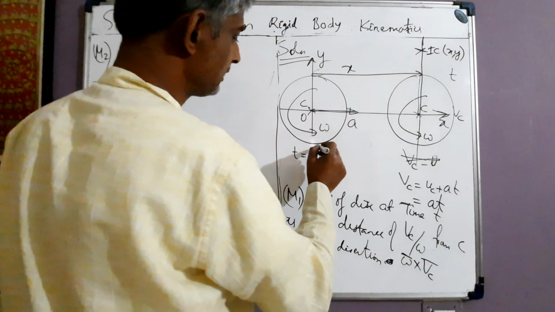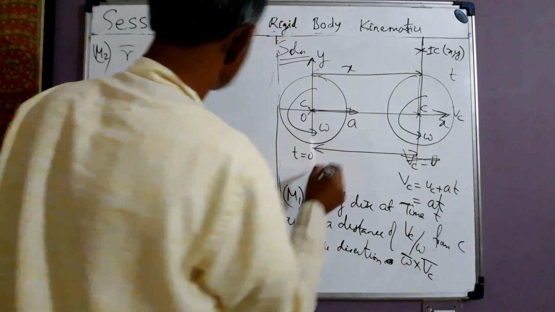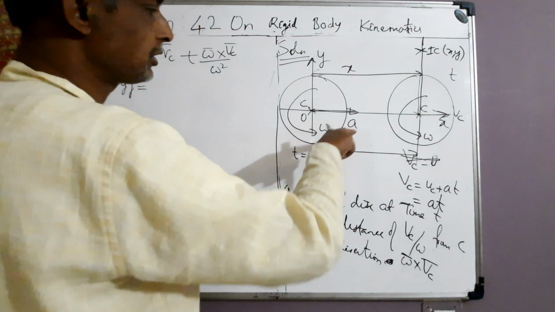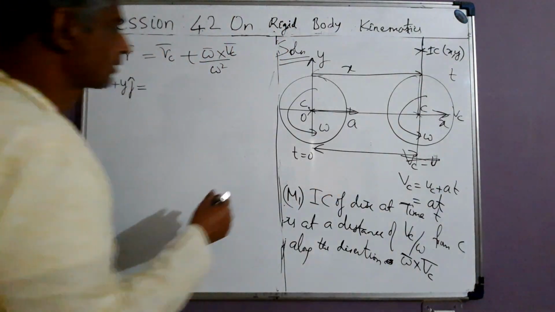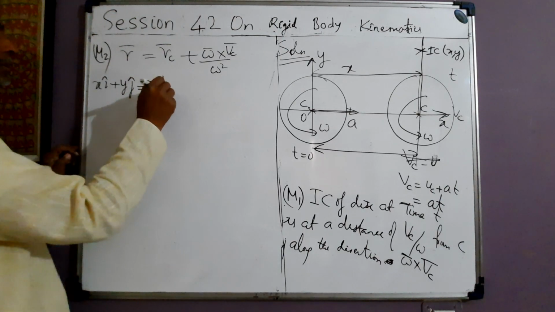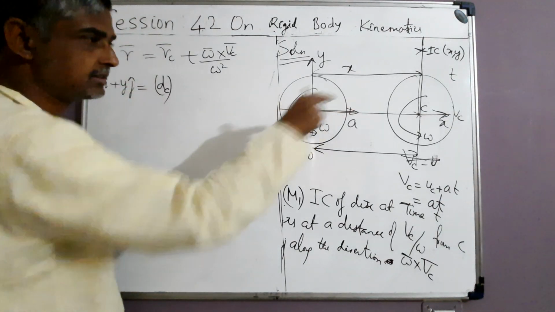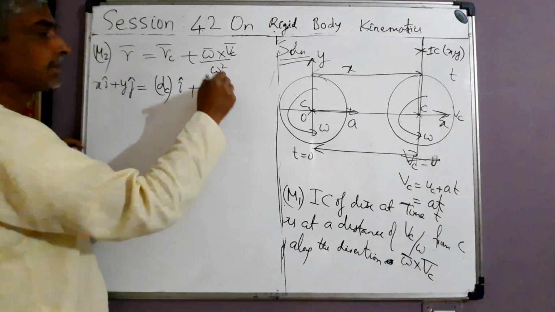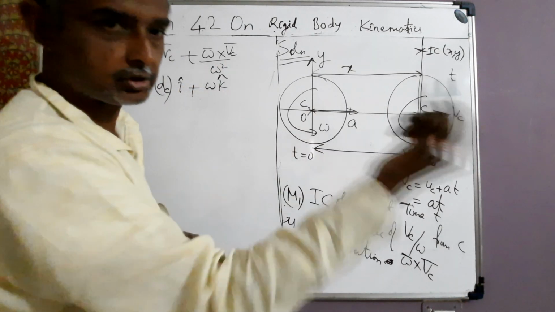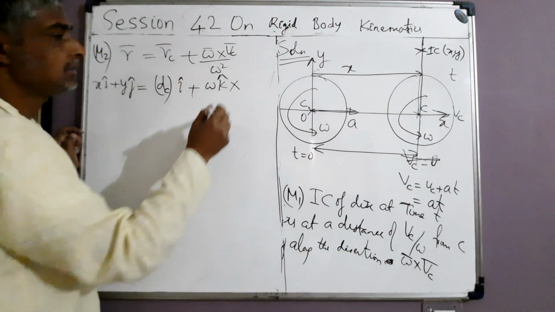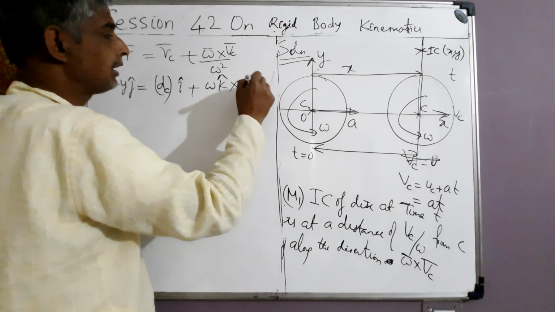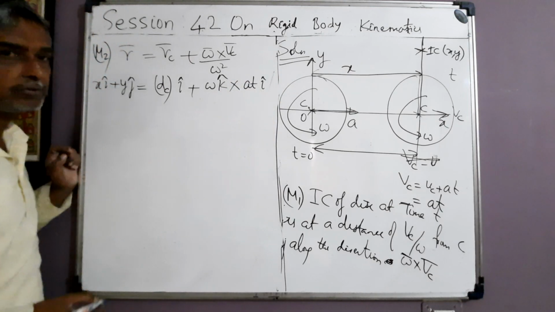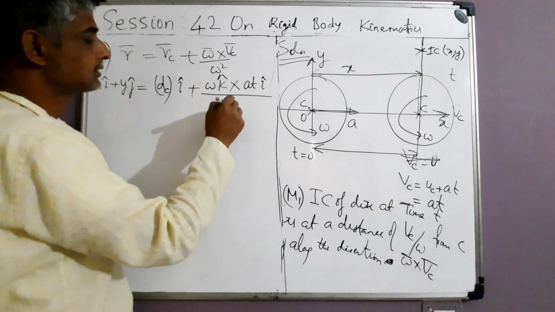The displacement of the center of the disk is along the positive x-axis into i hat. Omega is simply omega k hat, because for anti-clockwise rotation the omega direction is outward. Vc is simply at i hat.